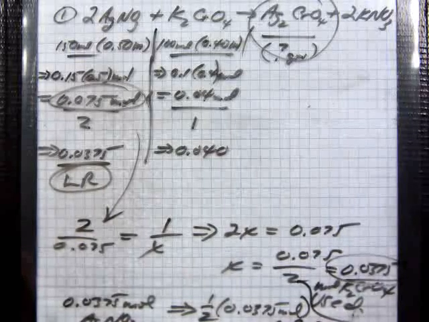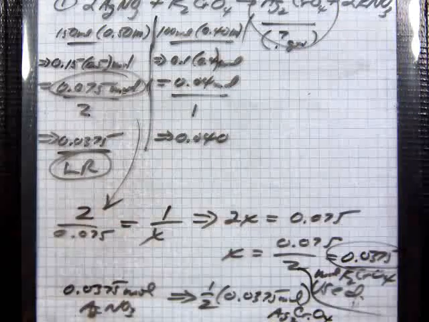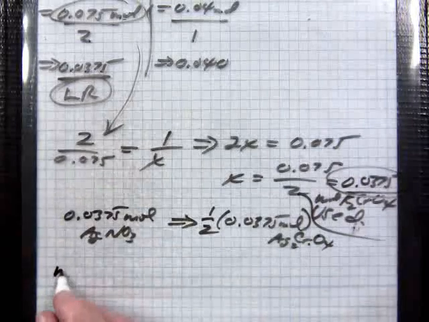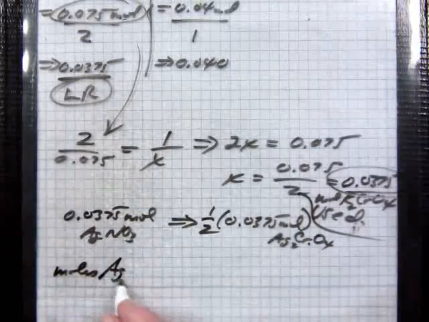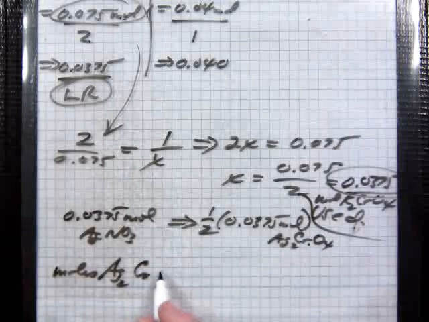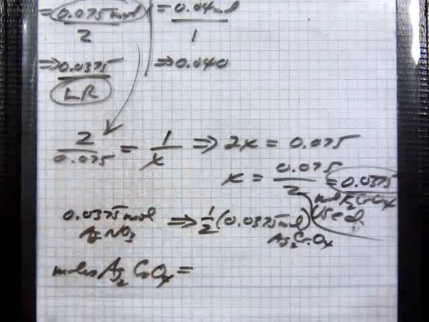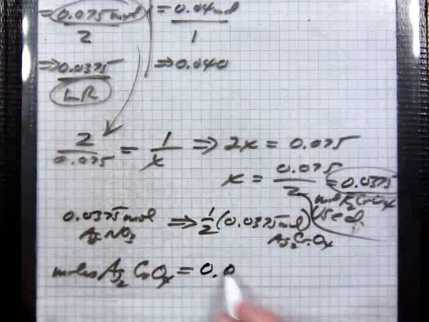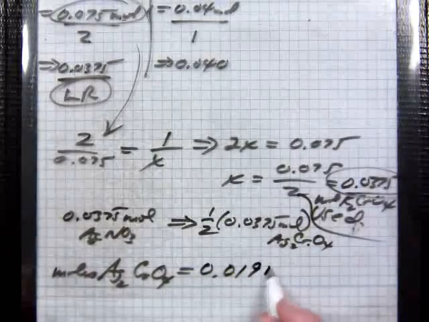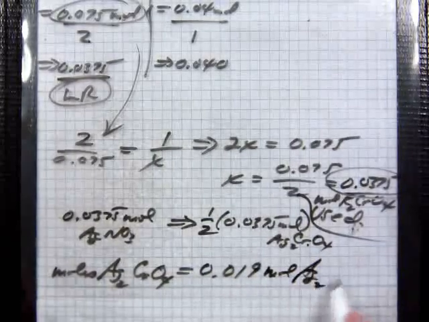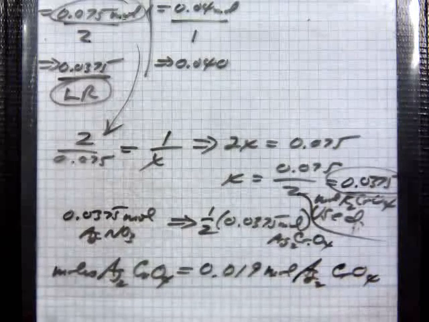Probably off the board by now. I'm trying to keep it up there so you can see it. So half of that. So the moles of the silver chromate is equal to half of that: 0.0375 divided by 2, 0.0188, well, just change it to 9 mole of Ag2CrO4.